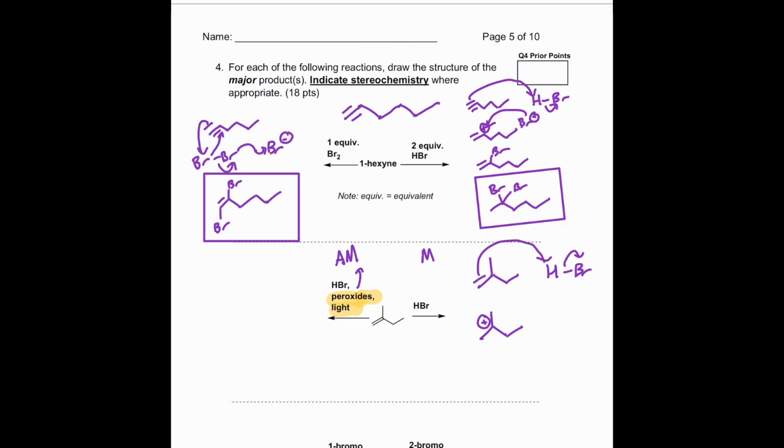We cannot have our positive charge be here. That is a no-no. So we have our positive charge right there, and then we have our Br negative, and that is going to attack there, and then we are going to get the product.